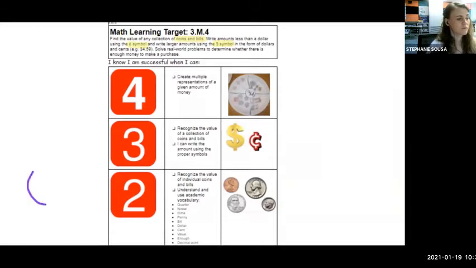Today, we're going to begin by thinking about the vocabulary, like the types of coins there are. And today we're going to practice finding the value of a collection of coins and writing using the correct symbol.